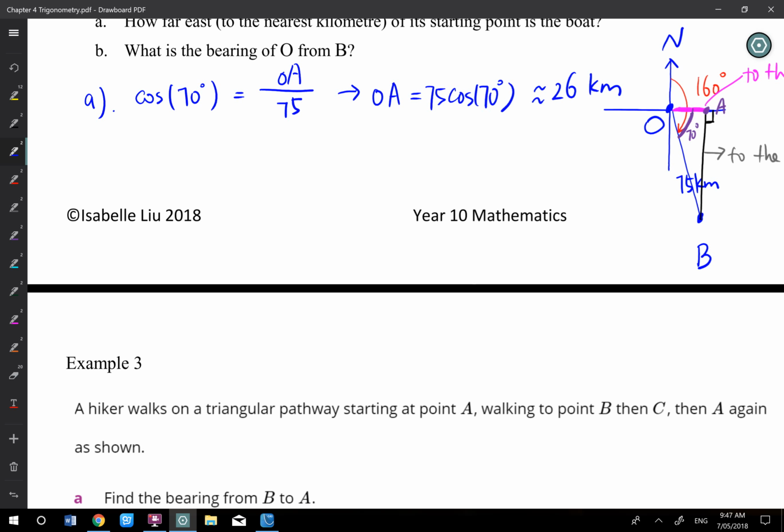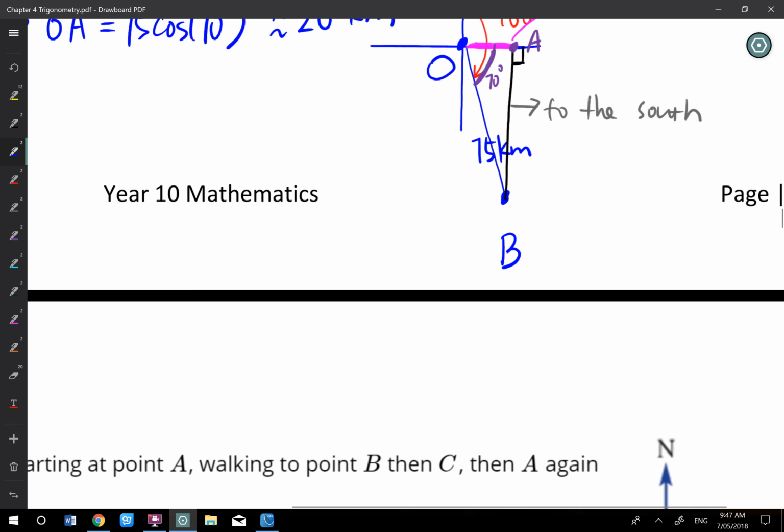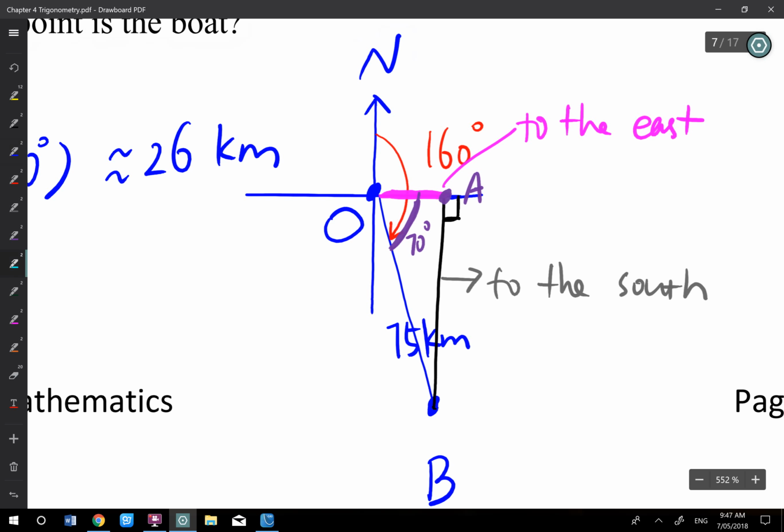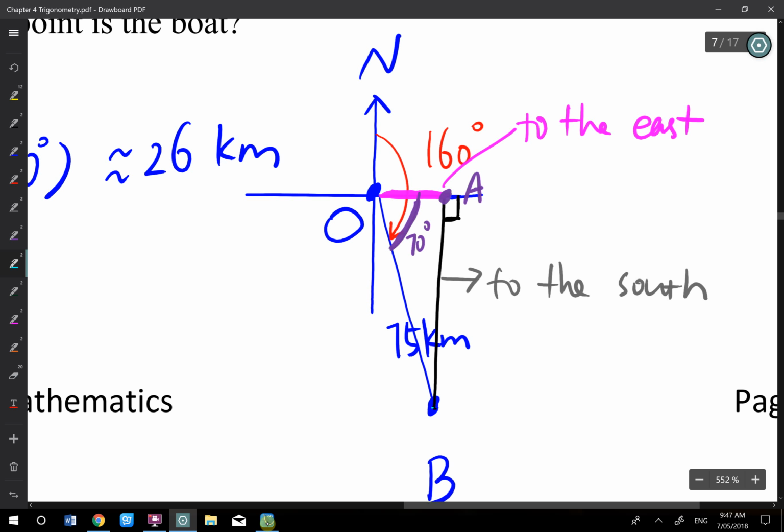Okay, what is the bearing of O from B? If I make this larger, from B now I need to draw this compass at B. Hopefully you can see this color. Oh, I can't see. I'll use a red color to sketch it.